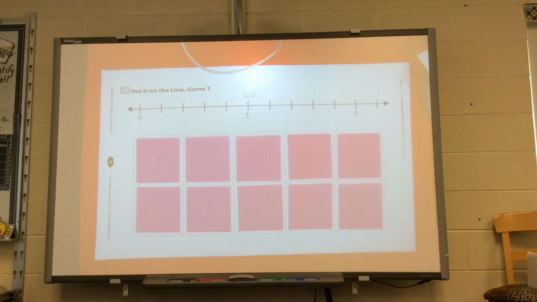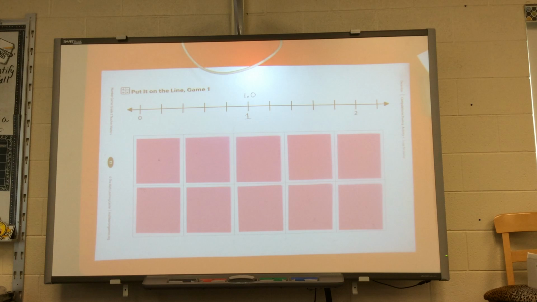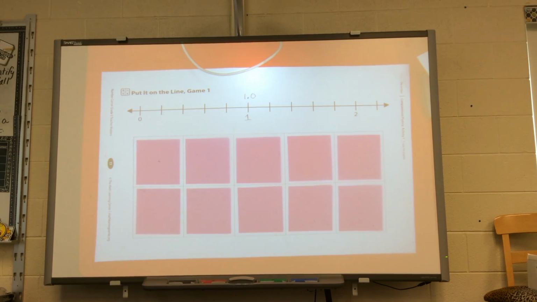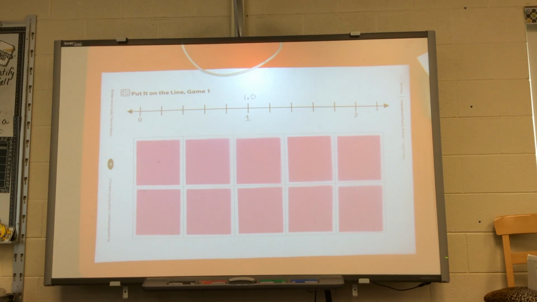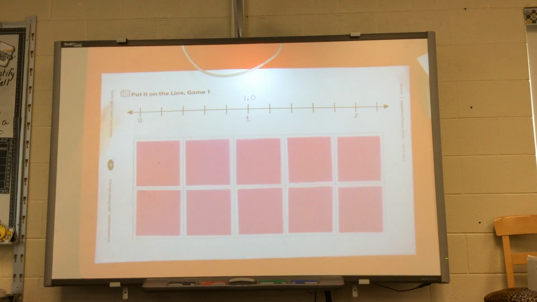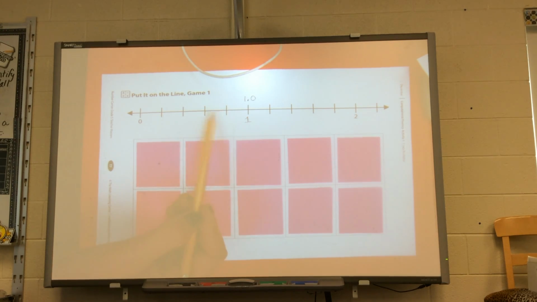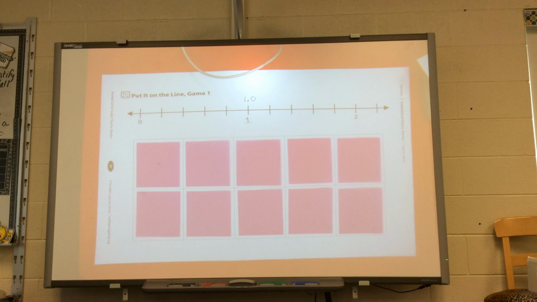Now, from 0 to 1, how many pieces is this divided into? Count 'em up. Anthony? Not 4. You've got a piece here, a piece here, a piece here, a piece here, and a piece here. How many pieces?